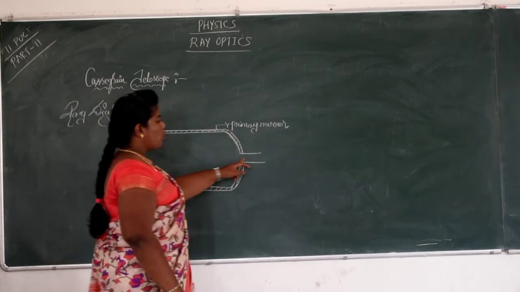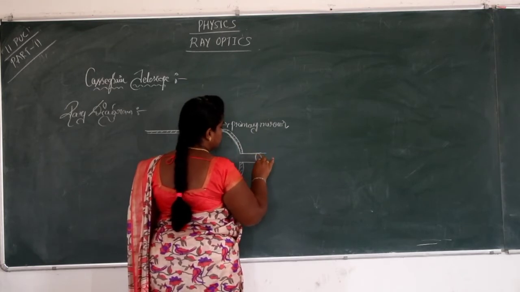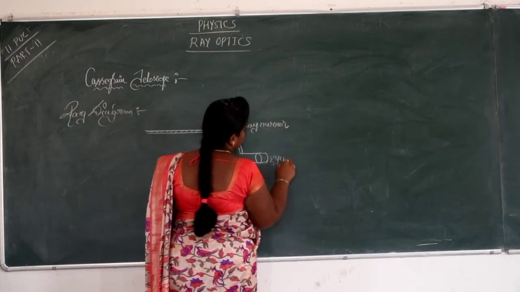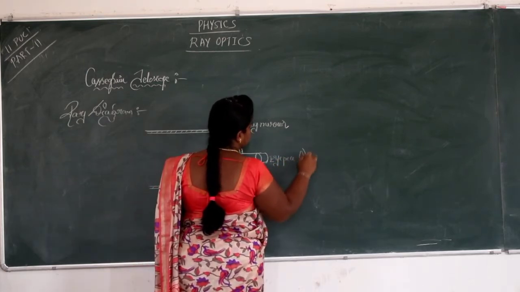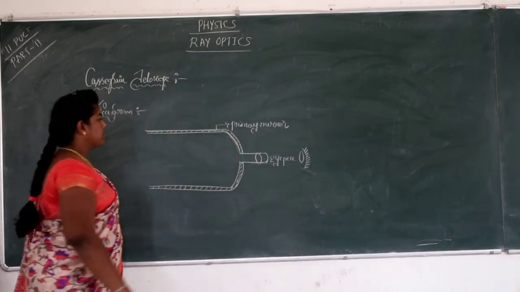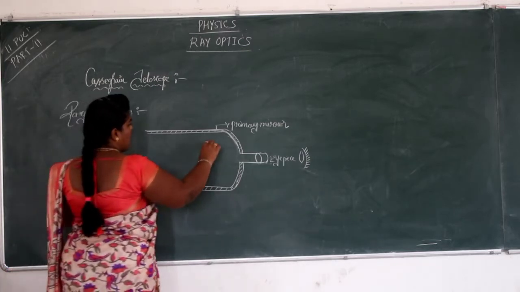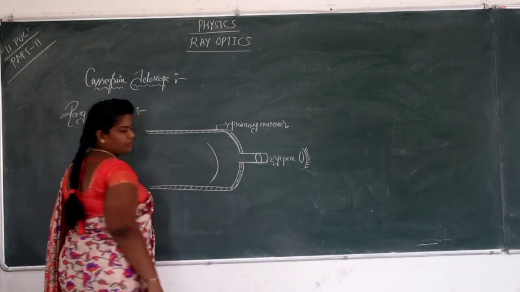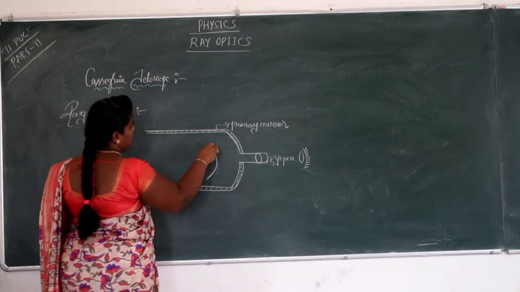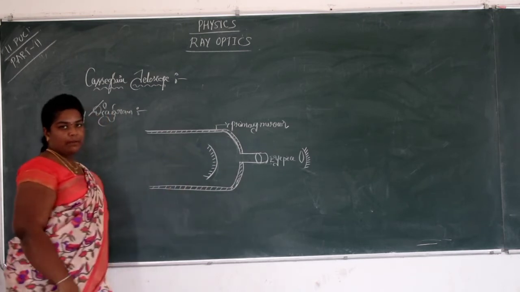Now, at this opening, at this hole, we are going to place an eyepiece, so that the observer is present at this position to see the image. Inside this, we are going to place another convex mirror, exactly at the principal focus of this primary mirror.